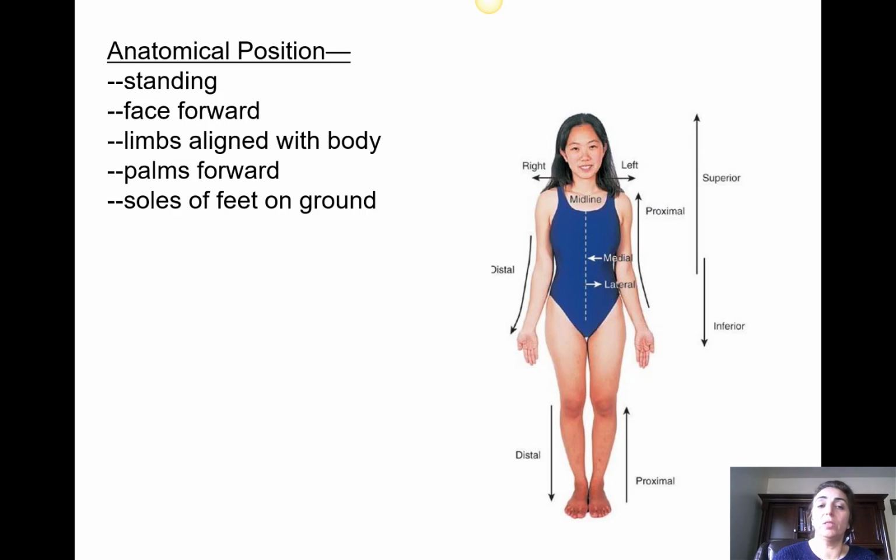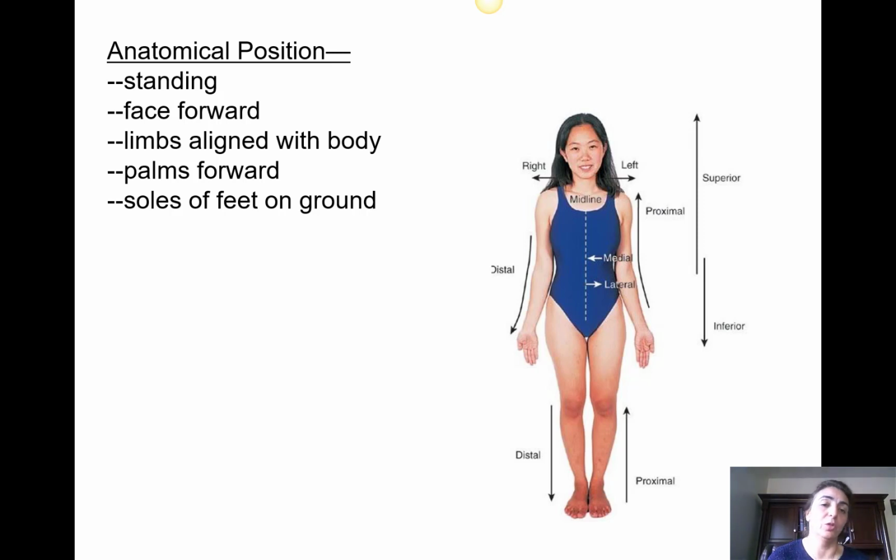And that's the basic term that you need to know to start learning anatomy, as it's talking about in which position the body is. We call it a standard position that we are using in anatomy.